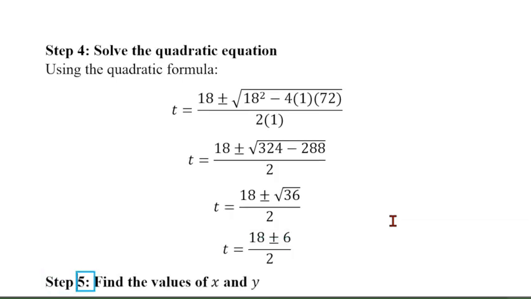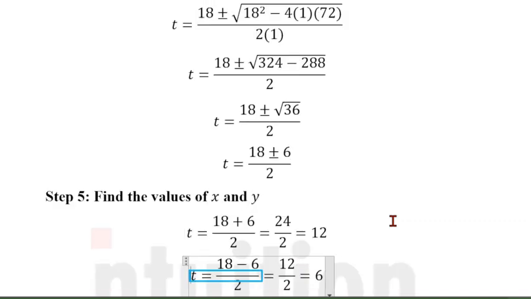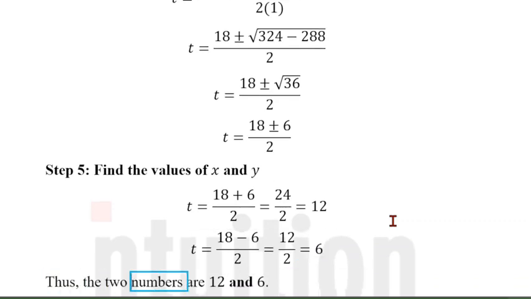Step 5. Find the values of x and y. t equals 18 plus 6 over 2 equals 12. t equals 18 minus 6 over 2 equals 6. Thus, the two numbers are 12 and 6.